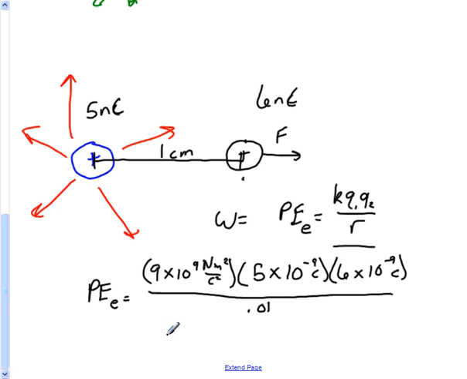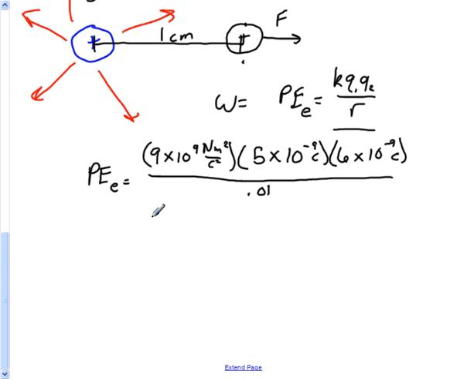Okay. We can do the calculation, and I'm going to do this in my head if I can. 5 times 6 is 30. 30 times 9 is 270, so that's 270. We have a times 10 to the ninth multiplied by a times 10 to the negative ninth, and those would cancel out, right? It'd be times 10 to the 0, which gives us 1. And we're left over with another times 10 to the negative ninth, and we put this over 1 times 10 to the negative 2.